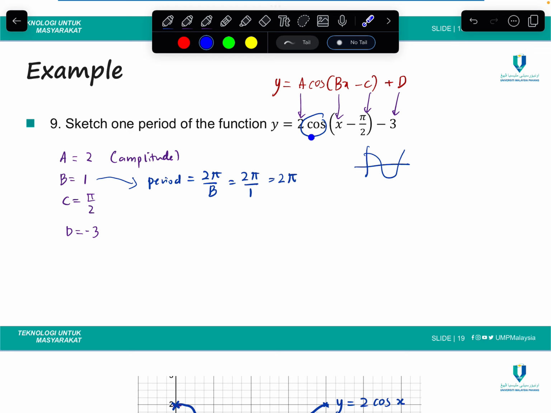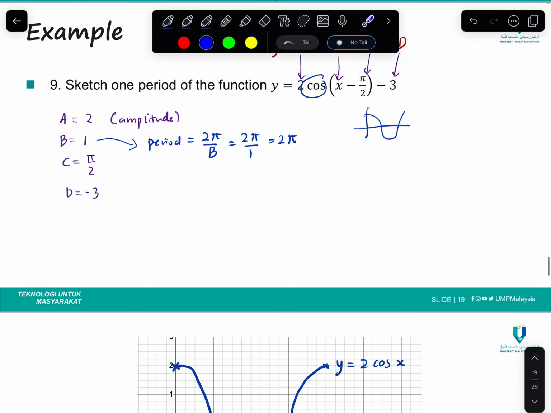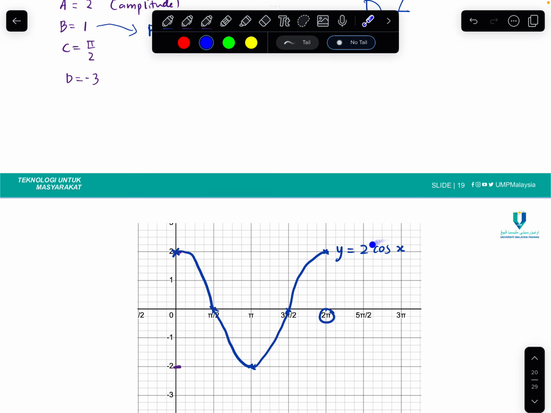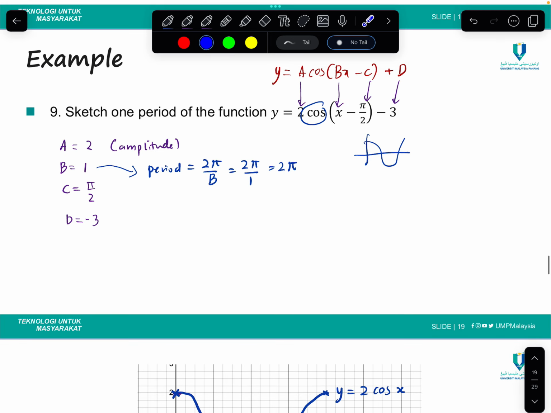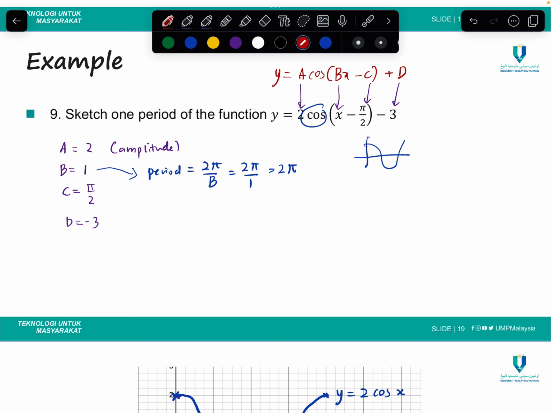We do this part by part. So what I take first is 2 cos x. So this is the graph of 2 cos x. Okay, now let's take note here. The first sketch you need to draw is y equal to 2 cos x. Number 2, you have to draw with the phase shift, 2 cos of x minus pi over 2.